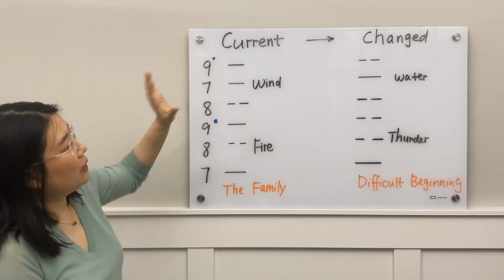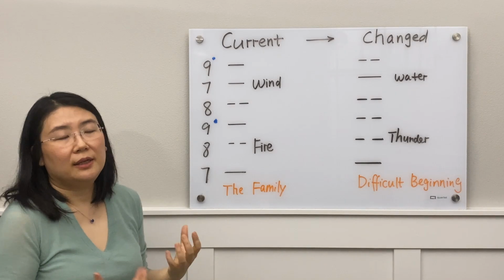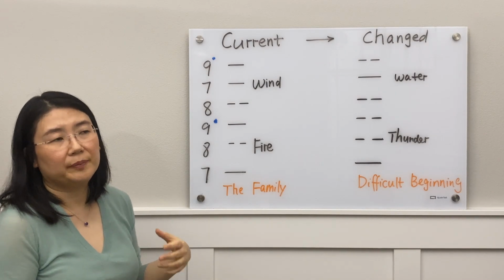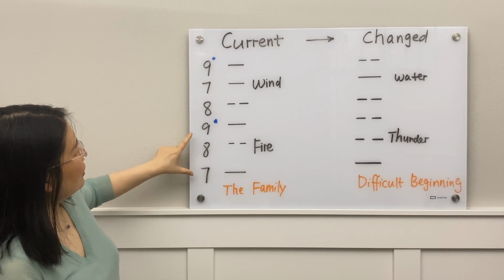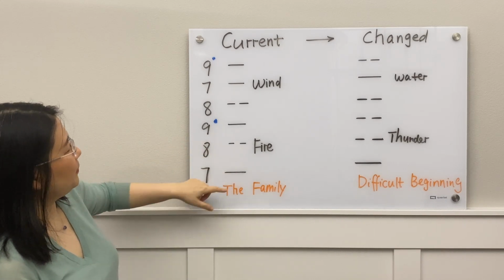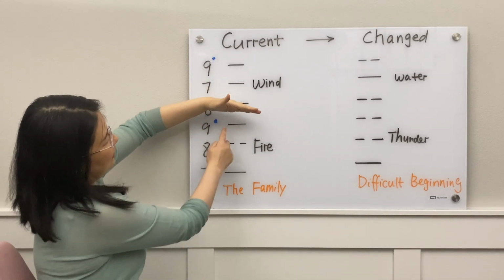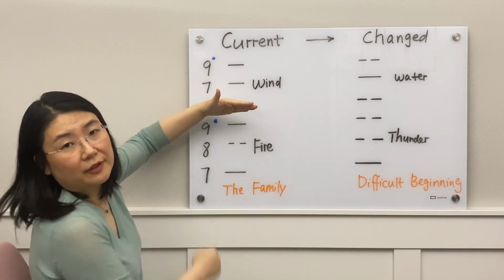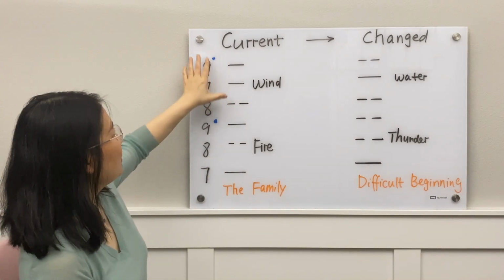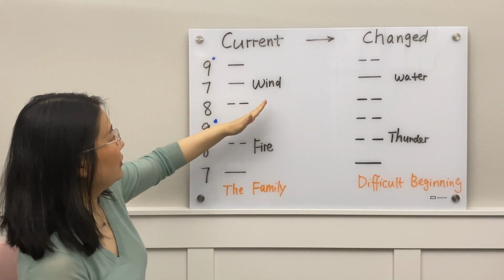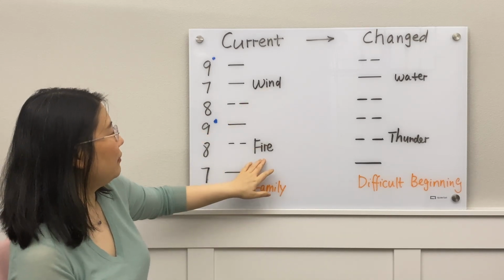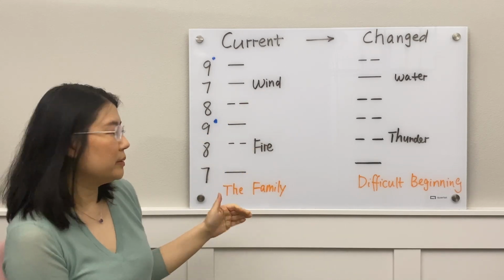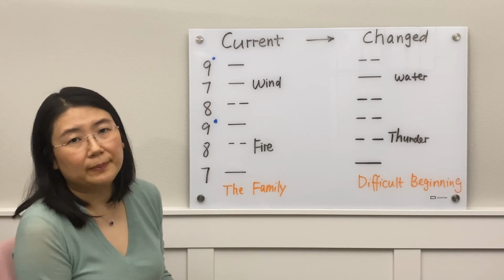Going back to the 8 basic diagrams, your inner diagram is fire because this 3 line is the image of a fire, and your outside diagram is the image of the wind. Wind on top, fire on bottom corresponds to the family hexagram.